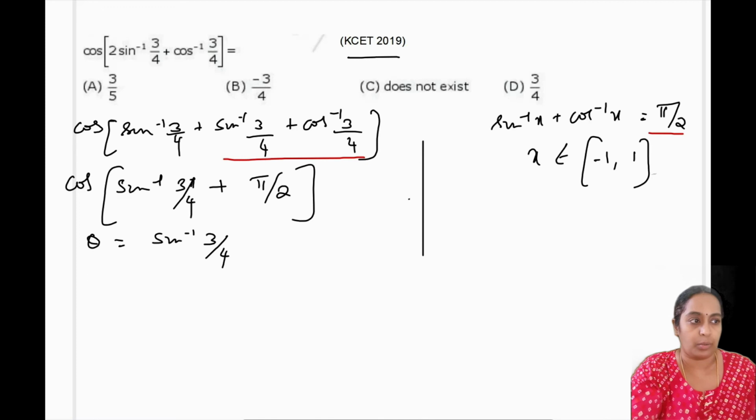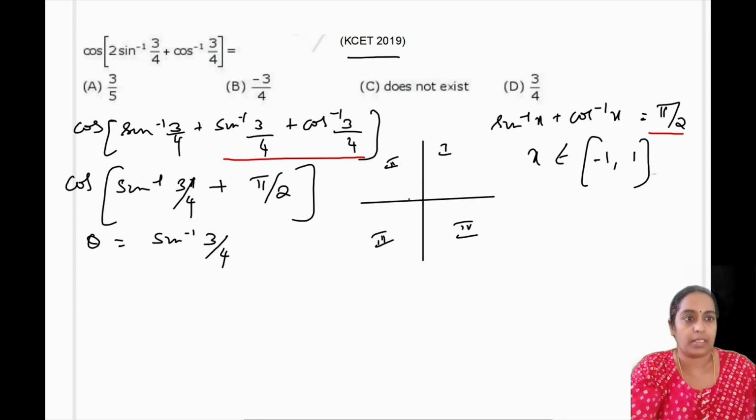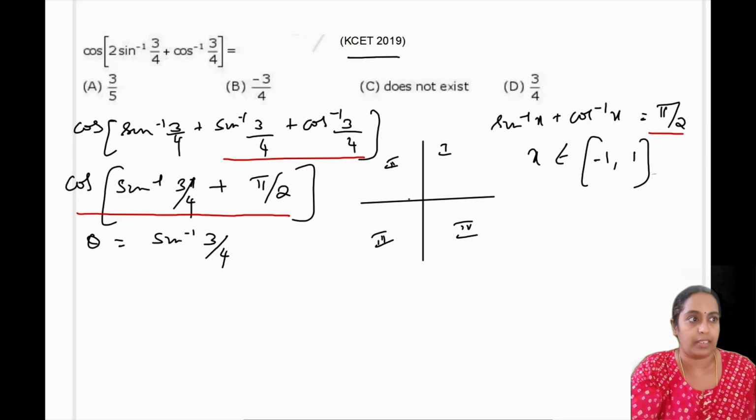Looking into the quadrants, let's see where this angle falls. So here we have the first quadrant, second quadrant, third quadrant, fourth quadrant. So it is cos of 90 plus theta. So it is going to be 0 here, 90. So 90 plus theta means it is second quadrant.